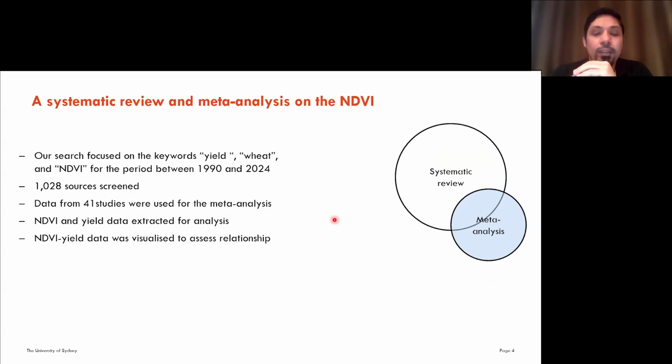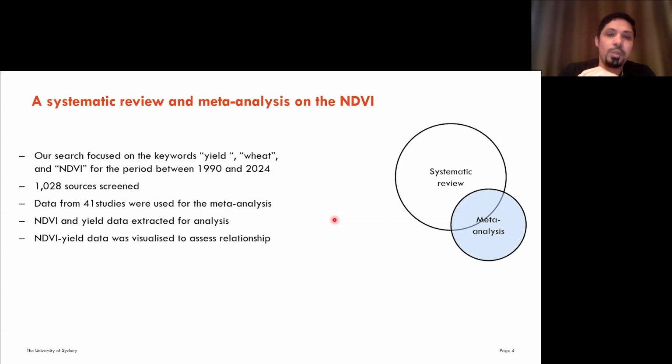So we wanted to know a lot more about the NDVI and how it is used for crop yield prediction, and we wanted to see if it's really useful. And we did a systematic review and meta-analysis on the NDVI. Our research focused on some keywords: yield, wheat, and NDVI.